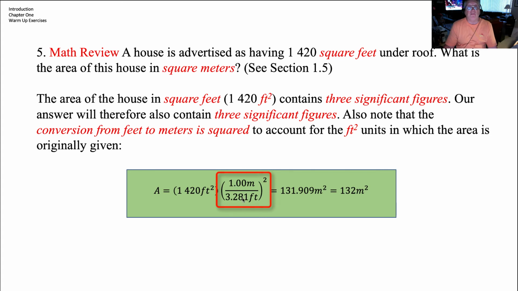So when we divide by 3.281 squared, you'll notice that the feet squared will cancel with the feet squared here, and we will be left with meters squared, and our answer then is 131.909 square meters. In this case, since we are looking at 3 significant figures, what we're going to do is round up. The 9 becomes 10, and that moves us up to 132 square meters.